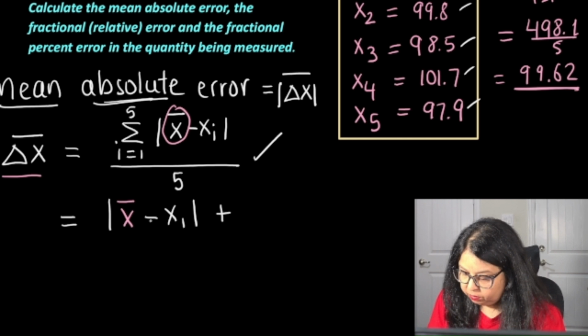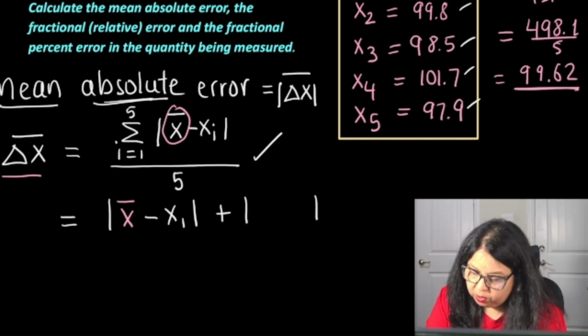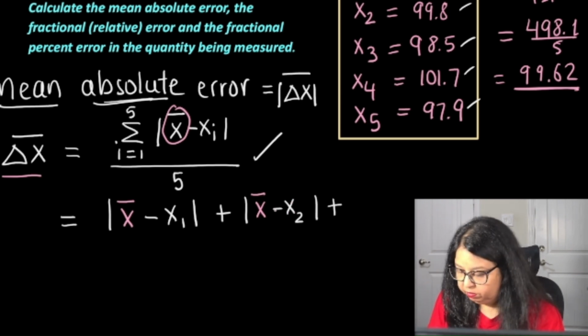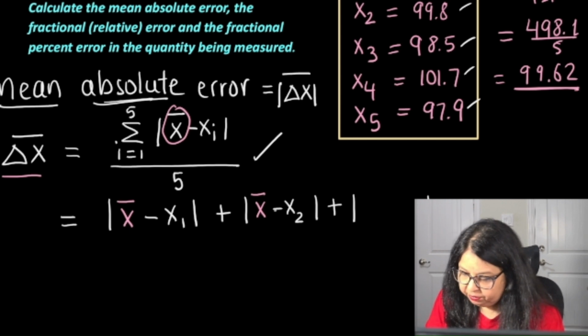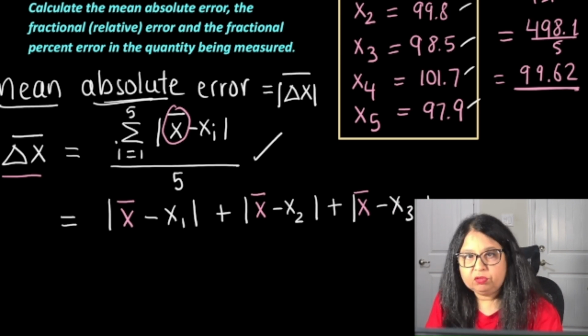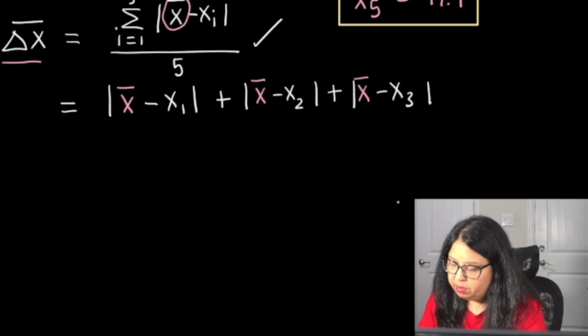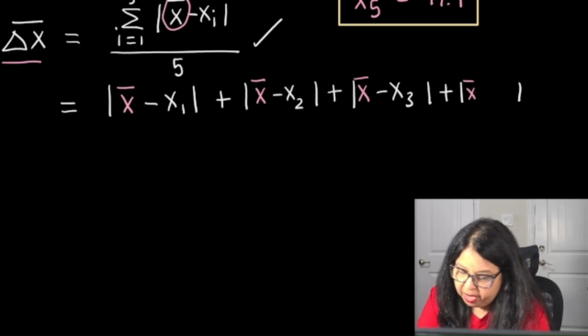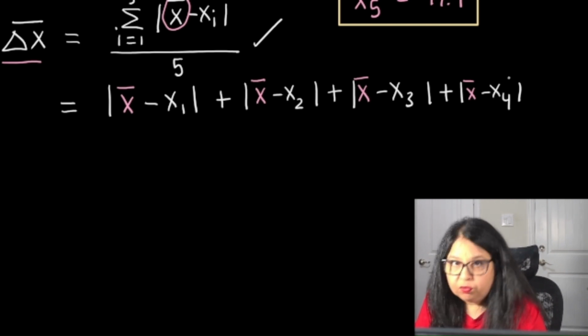plus the second one, x bar minus x2, plus our third absolute error, x bar minus x3, plus the fourth, x bar minus x4.